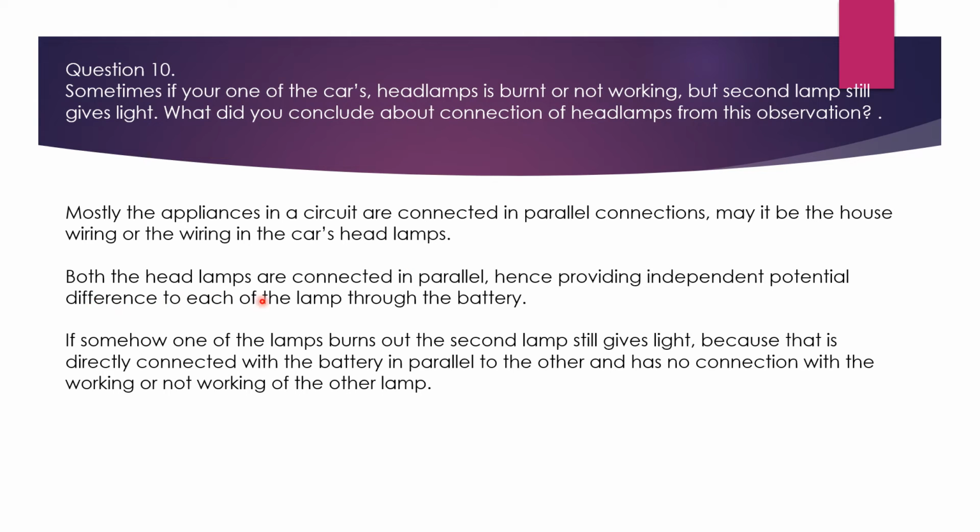Both headlamps are connected in parallel, hence providing independent potential difference to each lamp through the battery. If one of the lamps burns out, the second lamp still gives light because it is directly connected with the battery in parallel to the other and has no connection with the working or not working of the other lamp.